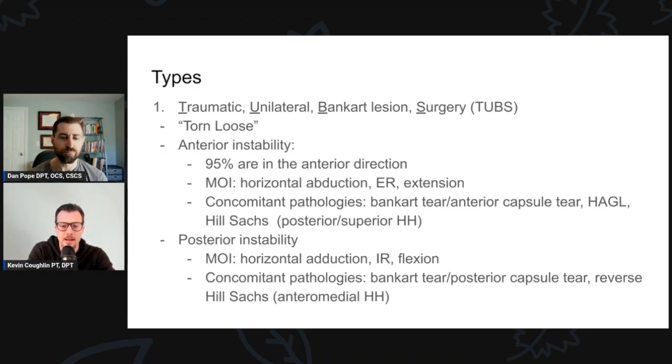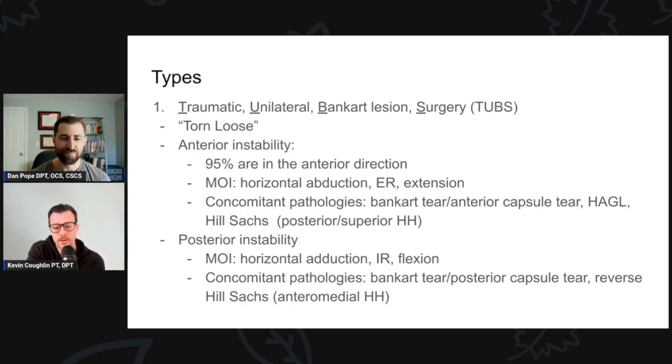And then a little less common with this type of presentation is a posterior instability. So we're kind of thinking the opposite, maybe horizontal adduction, internal rotation, or flexion force that can tear the posterior capsule. The posterior capsule is pretty thin, but I guess we just don't do as many activities in those directions that cause instability as we do in the other direction.